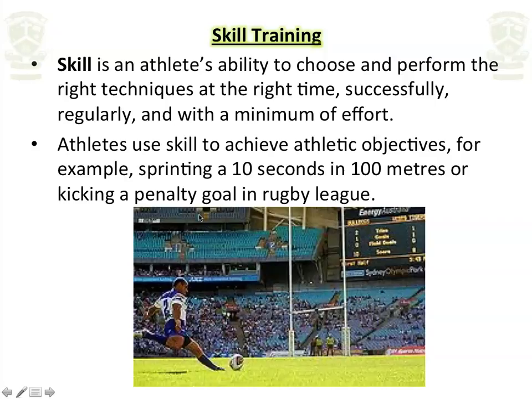Or even kicking a penalty goal in rugby league. There's hundreds and hundreds of different examples of skills in particular sports. And here we can see the great Hazem El Masri about to kick another goal for the mighty Bulldogs.